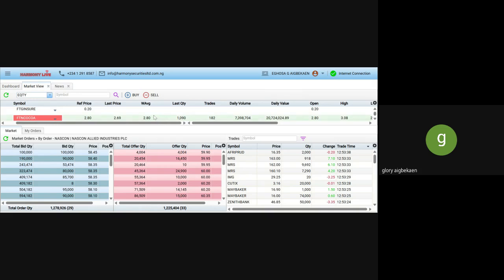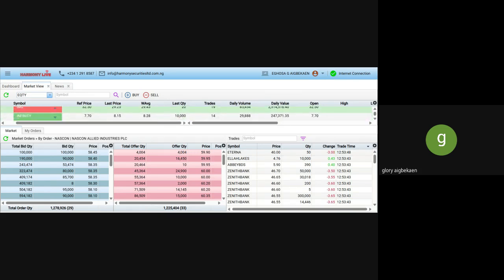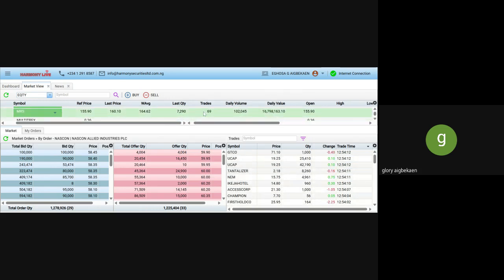This MRS is one of those stocks we are following. Yeah, we're following that stock, and lately we saw the stock started moving down in price, but it's beginning to regain the lost ground gradually.